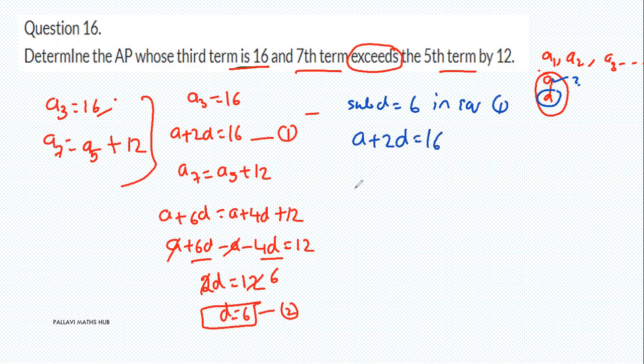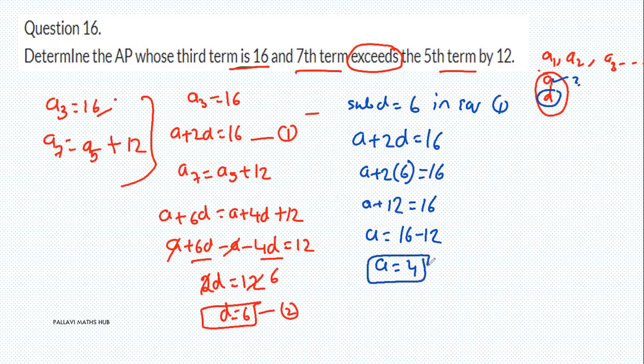So here, A plus 2 into the value of D, 6, is equal to 16. Next step, A plus 2 sixes are 12 is equal to 16. A is equal to 16 minus 12. 16 minus 12 is how much? Yes, you got A is equal to 4. Very simple, right? A is 4 and D is equal to 6.